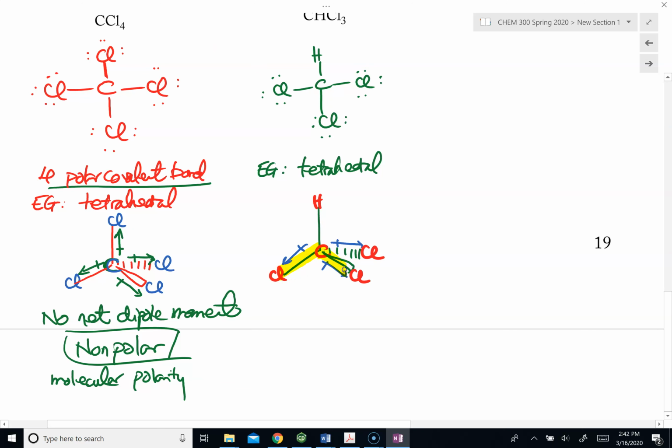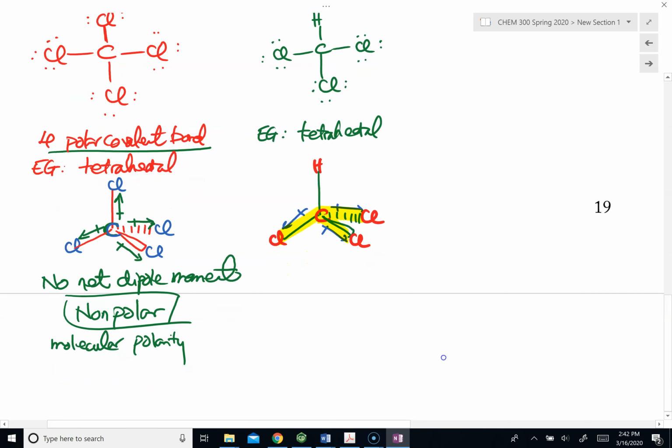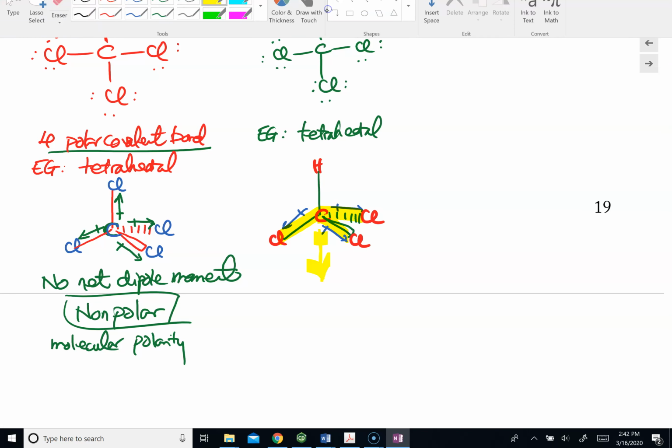These 3 bonds are not flat with respect to each other, again because this is tetrahedral. So they do not cancel out, and there is a net dipole moment. If we imagine these 3 forces pointing down, overall the molecule would be pointing down, and we can think of the overall direction of the molecule as the direction of the net dipole moment.